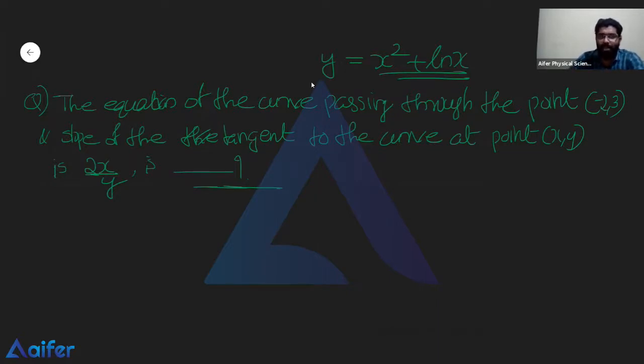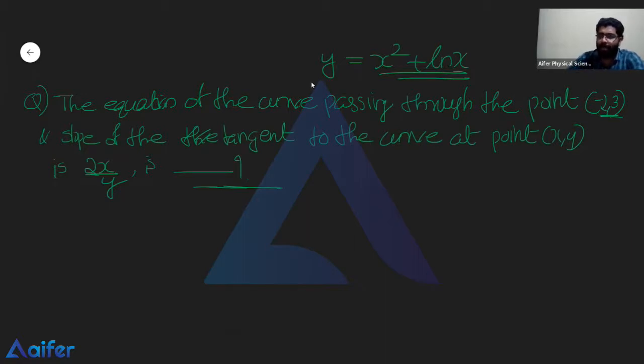We have to find the equation of a curve, y equal to something. That curve passes through this point, and also the slope of the tangent to the curve at a point is given by this.